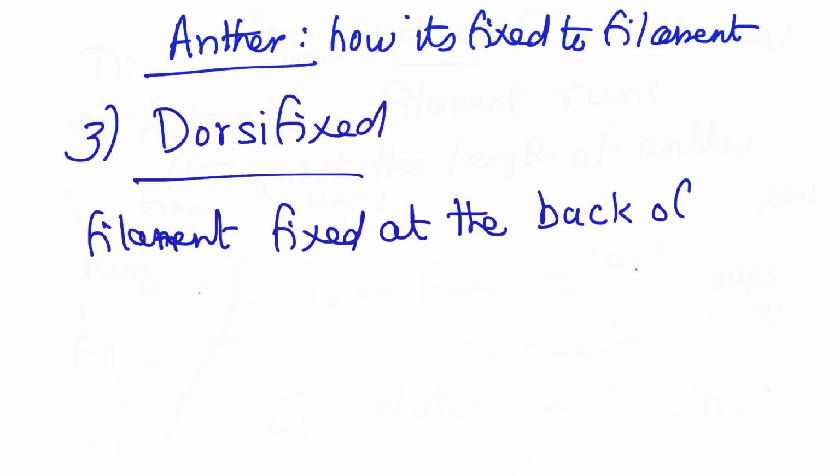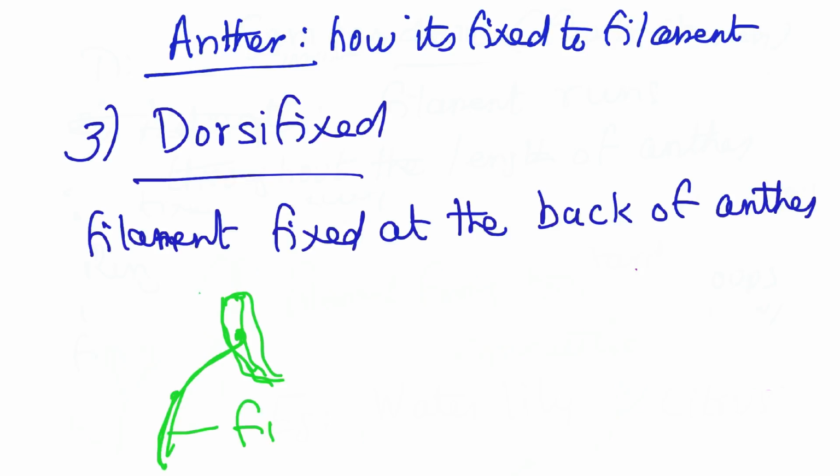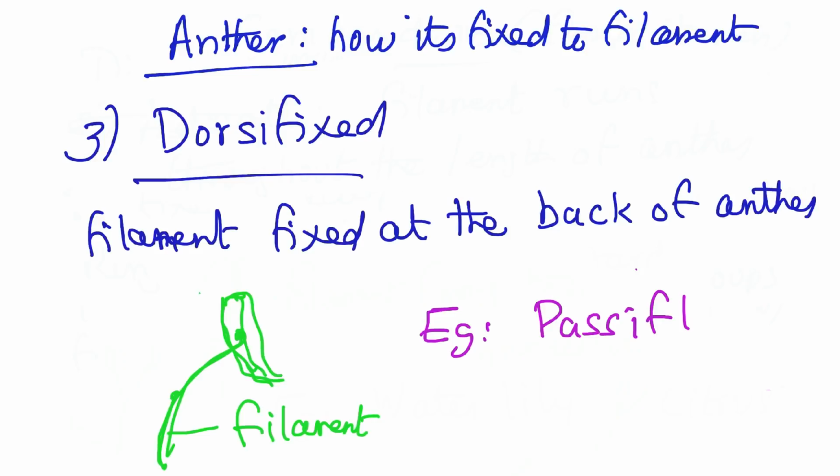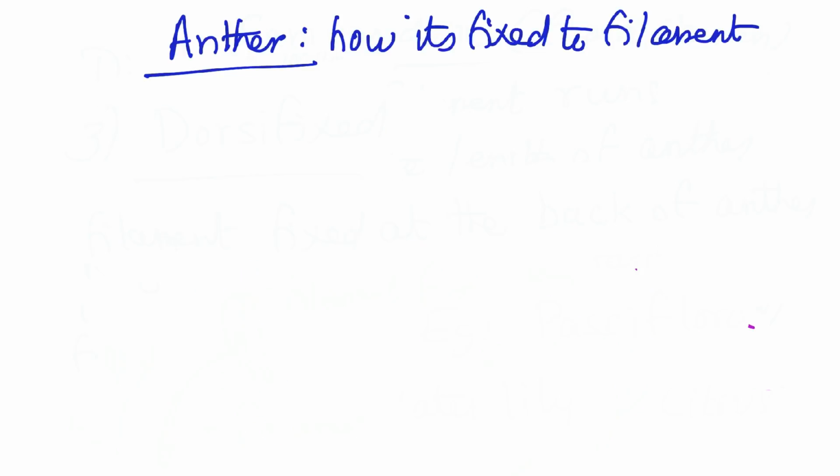So dorsifixed basically means the filament is fixed at the back of the anther. And a standard example is Passiflora. So note the way in which the filament is fixed to the anther, and you can see that a particular angle is being formed.